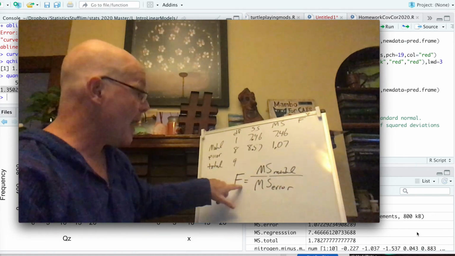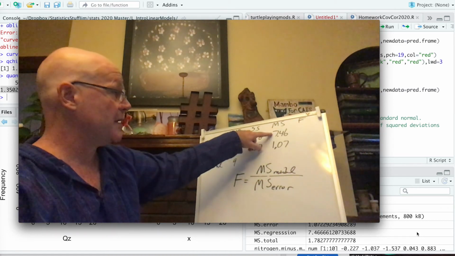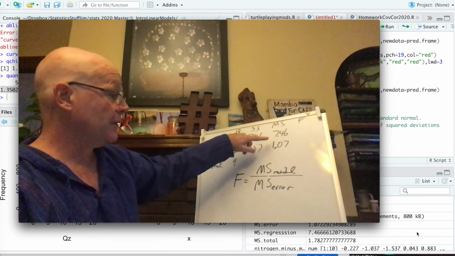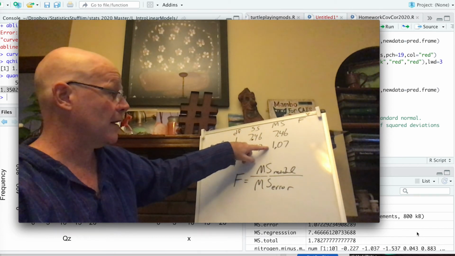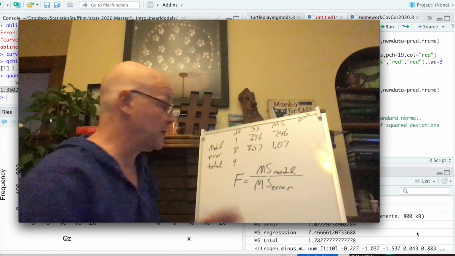And so we calculate our F statistic as the mean squared of the model divided by the mean squared of the error. But the mean squared of the model, that's what the chi-square distribution is doing.